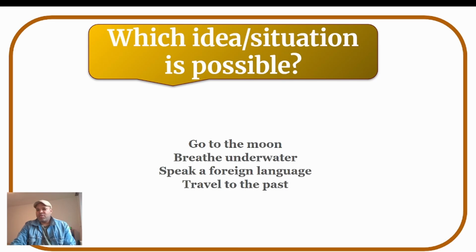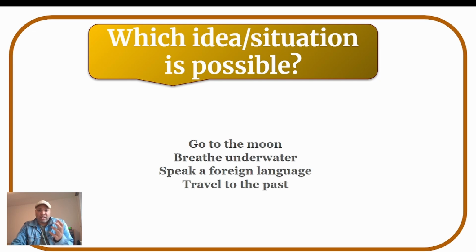So the first thing we need to do is ask ourselves, is the situation or idea possible or is it impossible? Is it accessible or easy, or is it inaccessible, difficult?